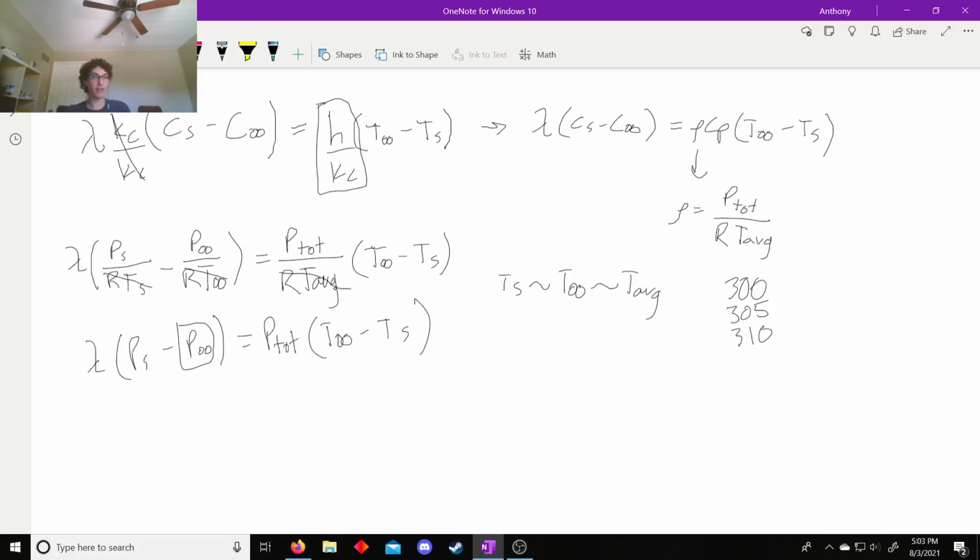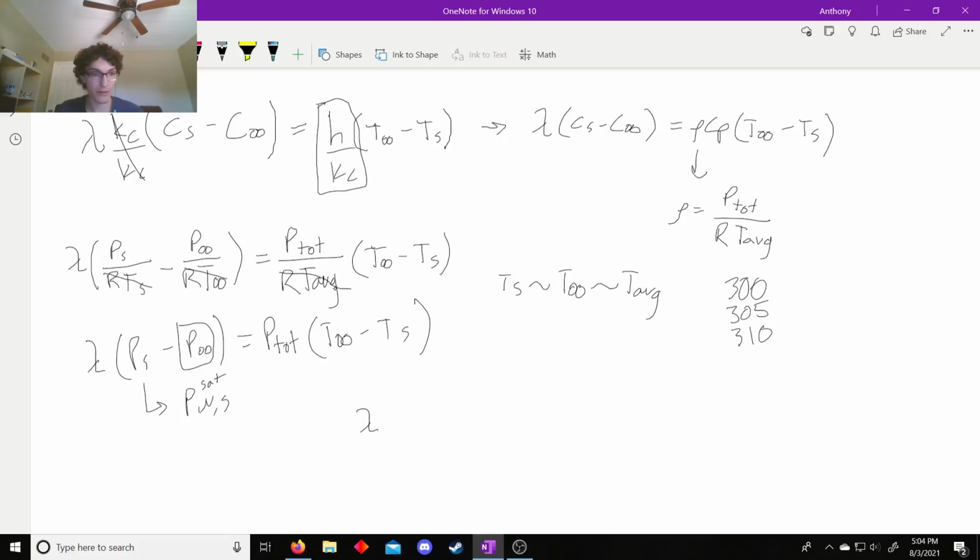But this partial pressure of water at the surface, we actually can get. So this is going to be the saturation pressure of water at the surface. And we can look it up in a table, or we would actually calculate it using something like the Antoine equation.